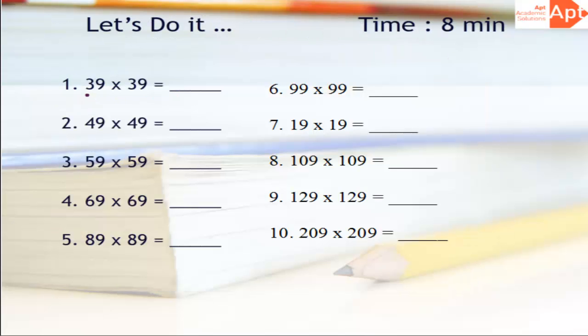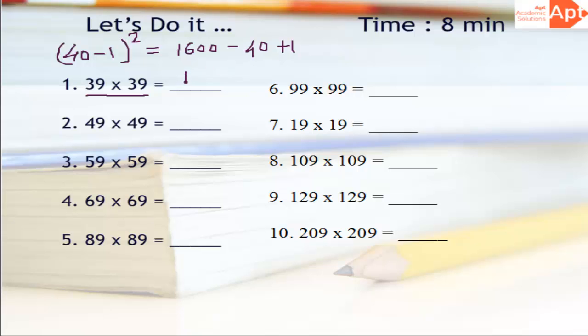If you want to find the square of 39, it's very simple. What we have to do, we have to maneuver 40 minus 1 whole square. Right, so all these things will eventually end into a mental calculation. So 40 square is going to be 1600 minus 80 plus 1.